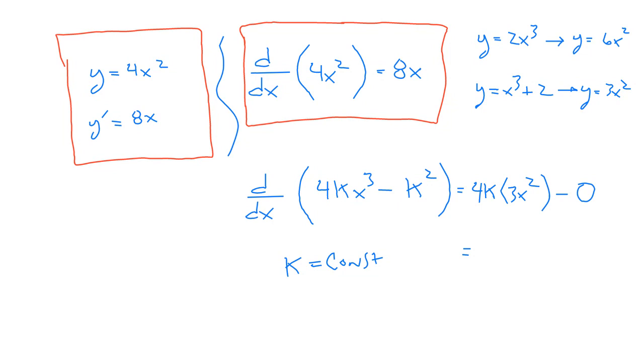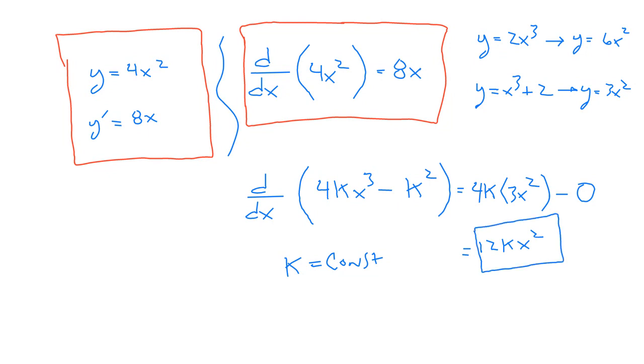Okay. If you agree that I applied the rule correctly, then I got 4 times k times 3 times x. I might as well multiply 4 times 3. So let's say 12, k is a constant, I don't know what it is, times x squared. That would be your final answer.